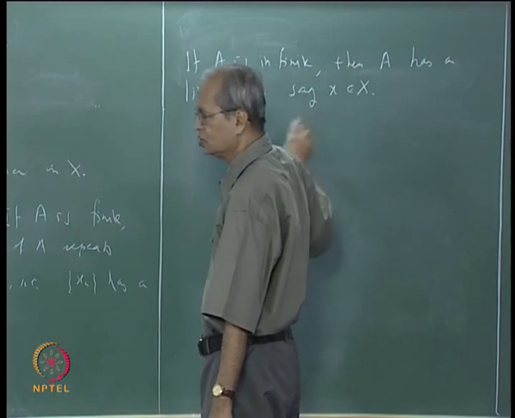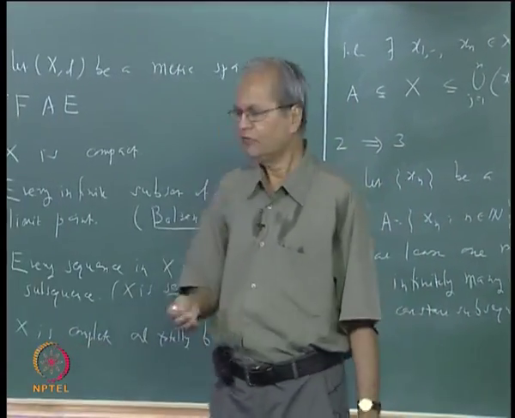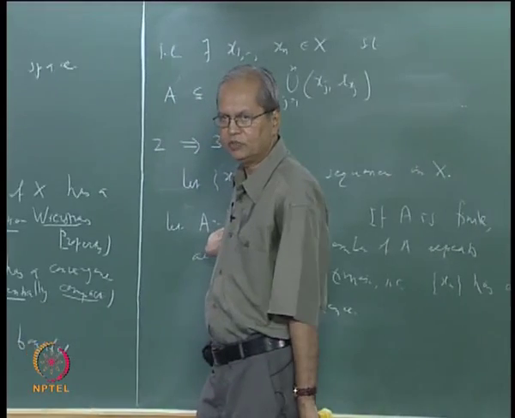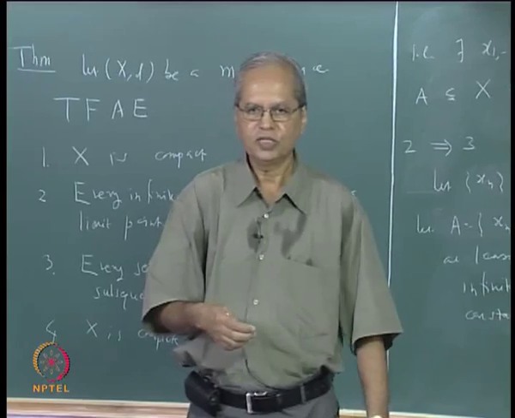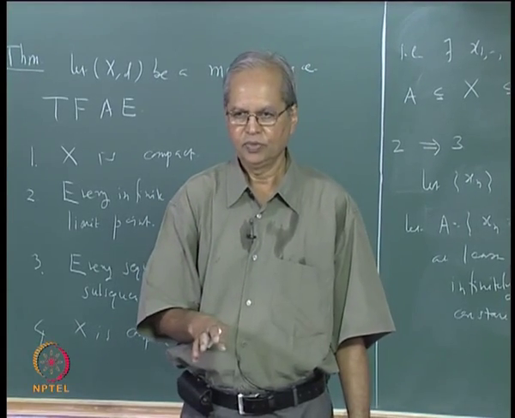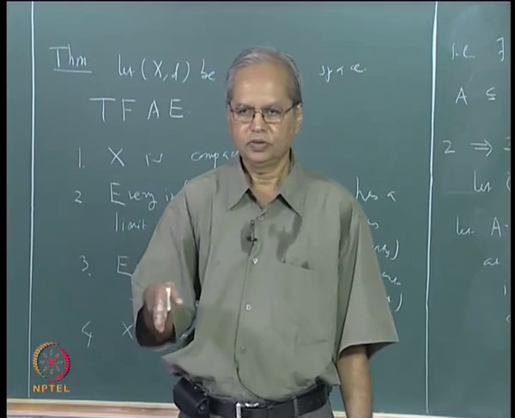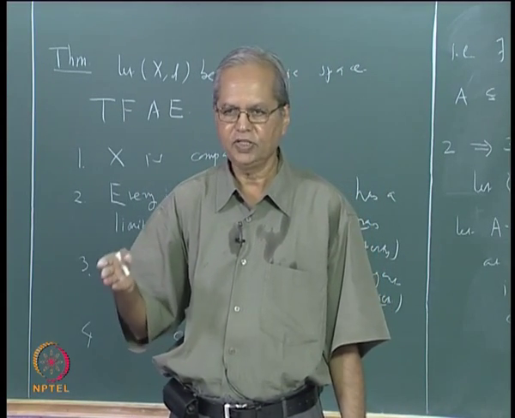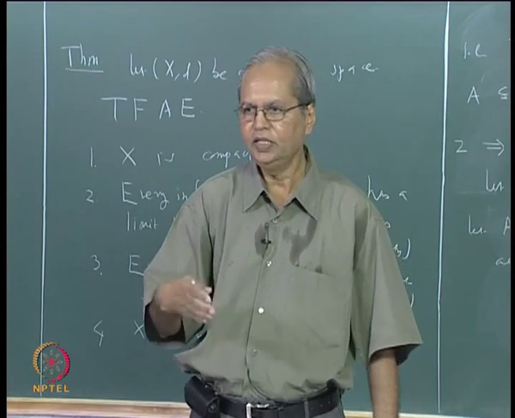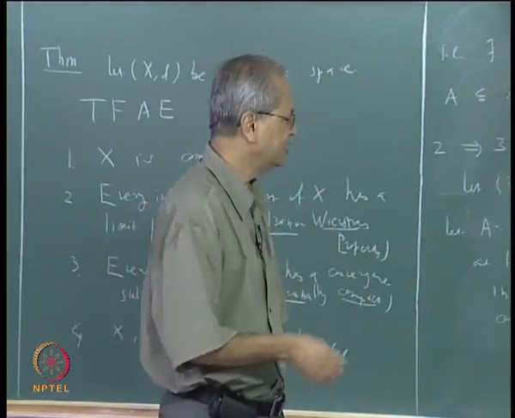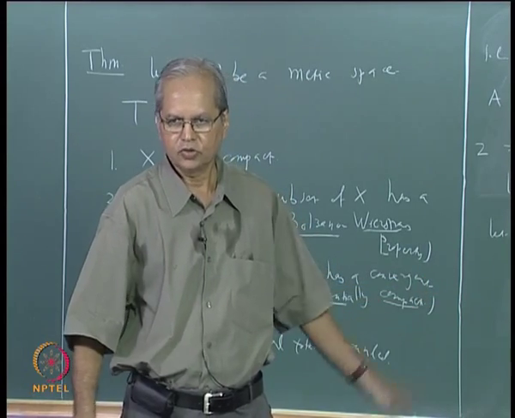Suppose first you take a radius, let us say 1 by n, then you will find some element here such that the distance between x and that element is less than 1 by n. Suppose that element is, let us say, x20. Then you take the next number, and you can choose the next xnk, where nk is bigger than that 20. Basically what we need is to choose a subsequence, we need these indexes n1, n2, etc. strictly increasing, but that can be done, that is not a big problem.